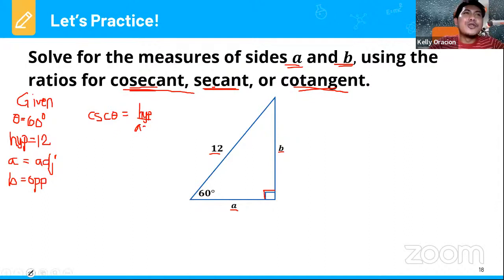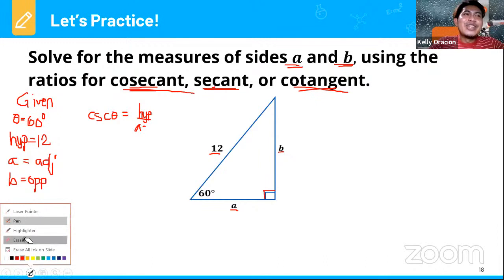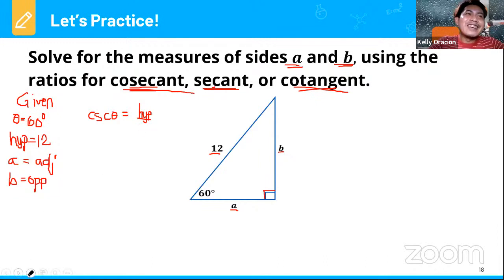Cosecant is hypotenuse over opposite. Okay. Next, our angle is 60 degrees, then our hypotenuse is 12, and the opposite is B. Di ba? Our opposite is missing, which is B.